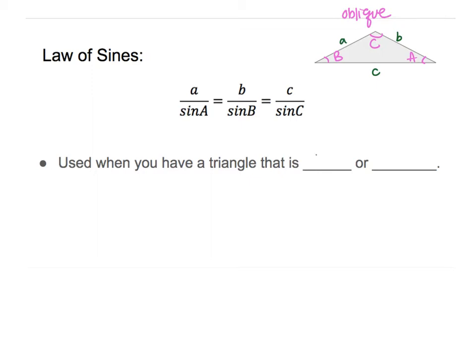So when you have an angle, side, angle, you want to see if you can use the law of sines, generally. So here we're going to do some practice problems where we're using the law of sines, and I'll show you how you can use it.